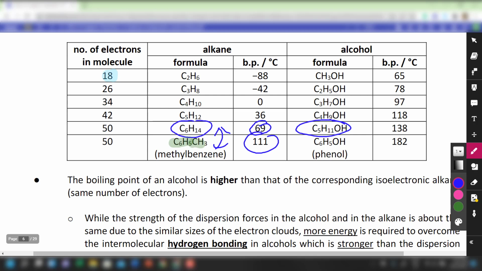That is different if I have a phenyl ring that is rigid. You have a ring system, it cannot undergo any free bond rotation except, say, between the ring and the CH3. Then in that case it's able to form very significant dispersion forces between molecules.